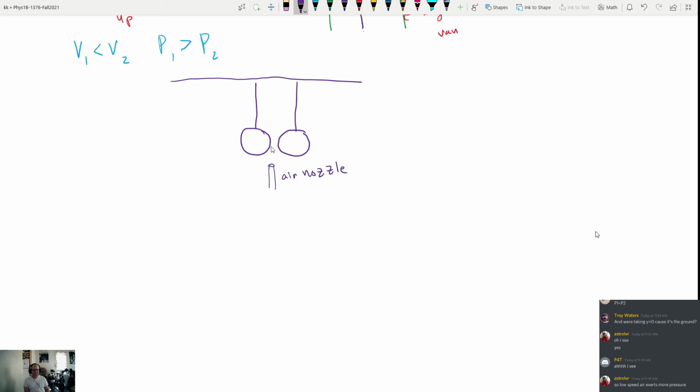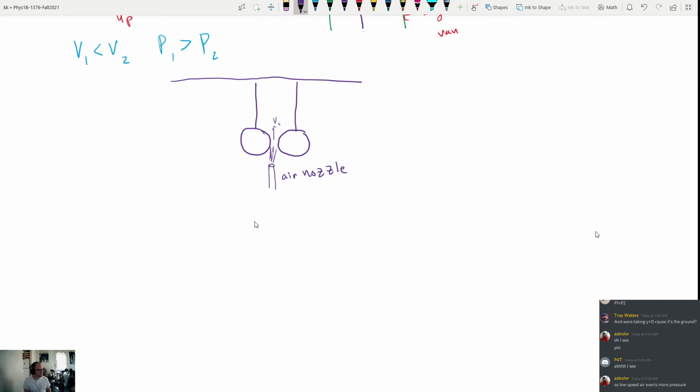And we shoot high-pressure air through here. Sorry, I'm saying it wrong. It's high-pressure air, but the point is that it's moving really fast. You shoot really fast-moving air through here, okay? So the air that moves through here is very fast relative to the surroundings.